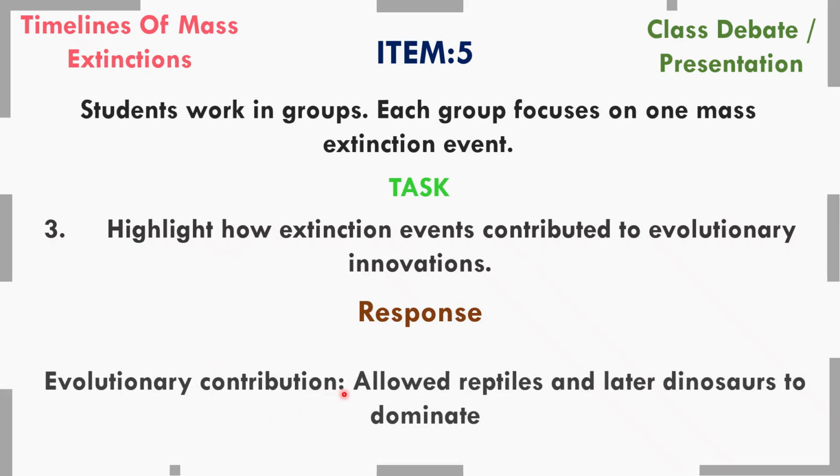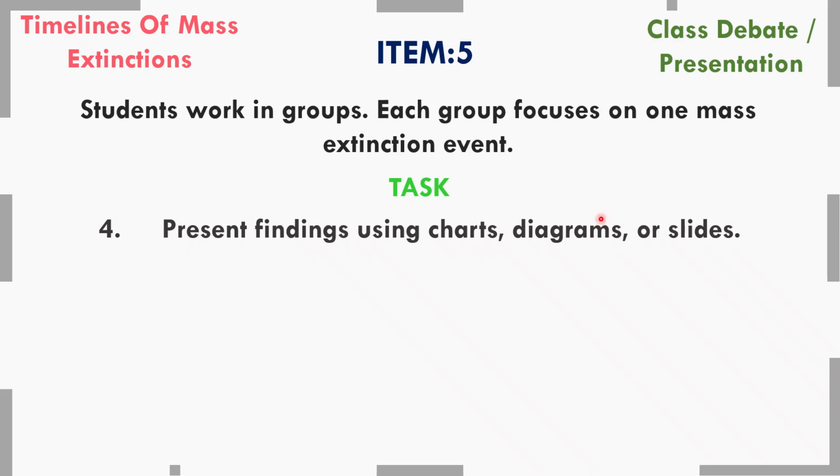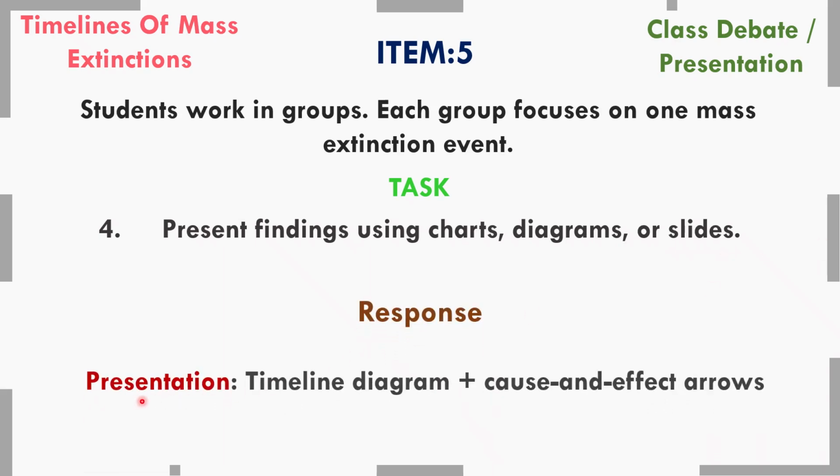Evolutionary contribution: it allowed reptiles and later dinosaurs to dominate. Present findings using charts, diagrams, or slides. The presentation will include the timeline diagrams plus the causes and effect arrows.